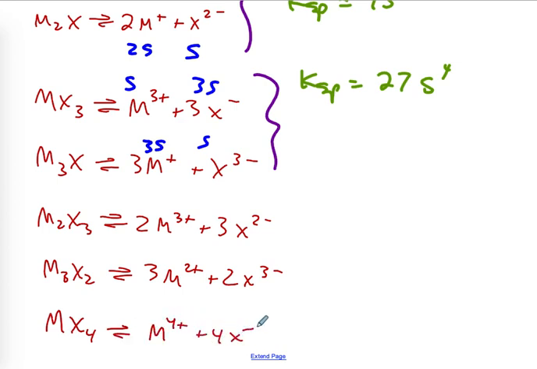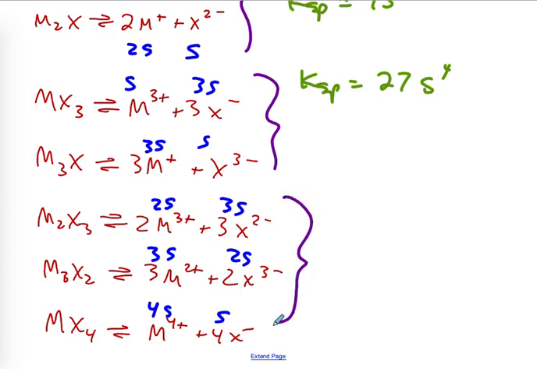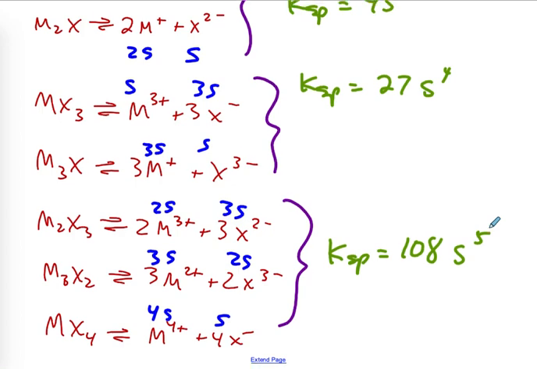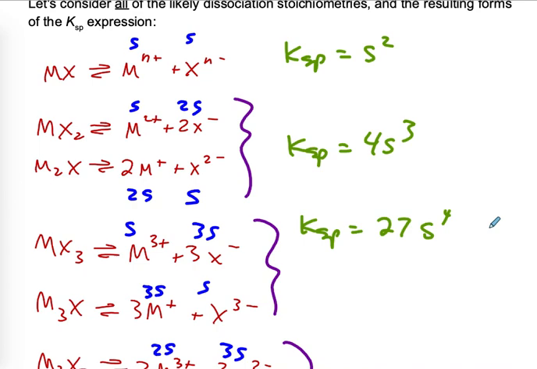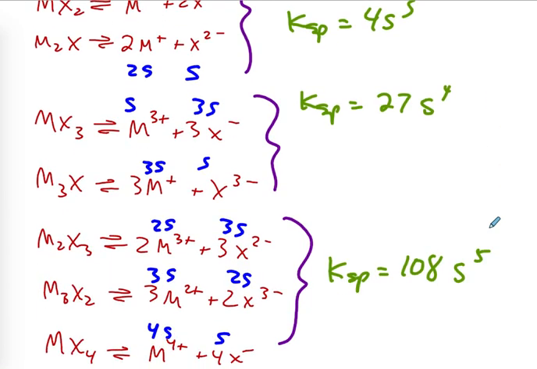The corresponding concentrations are 2S, 3S, or 3S, 2S, or 4S and S. In any of these cases, we have 5 ions being produced, so the form of the Ksp expression will be, as we've seen a couple of times, Ksp equals 108 times S to the 5th. So once again, when we write an expression to show how Ksp depends upon the solubility, these are really the only likely ones that you will see.